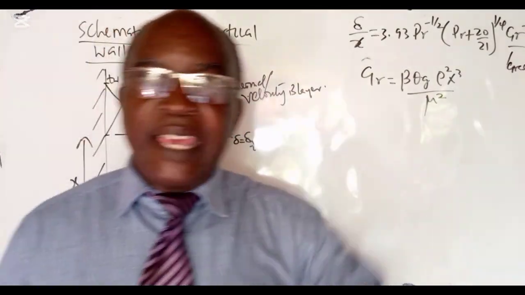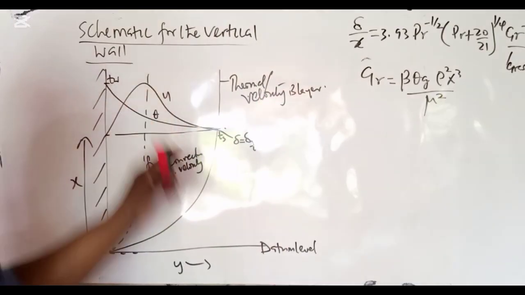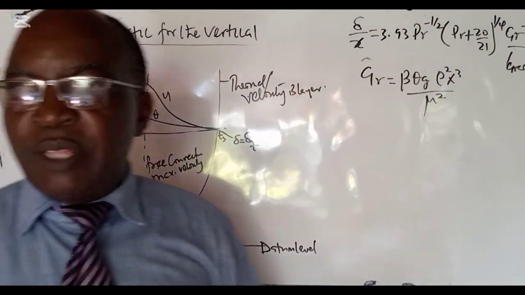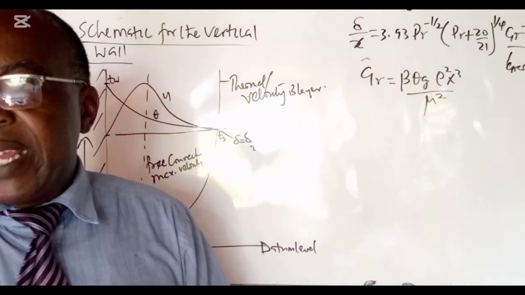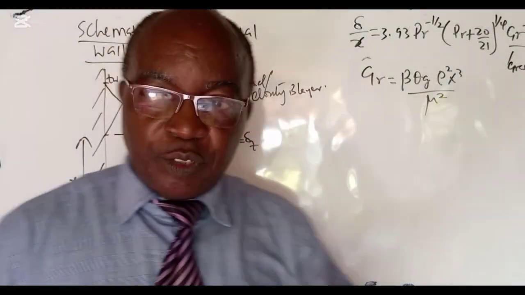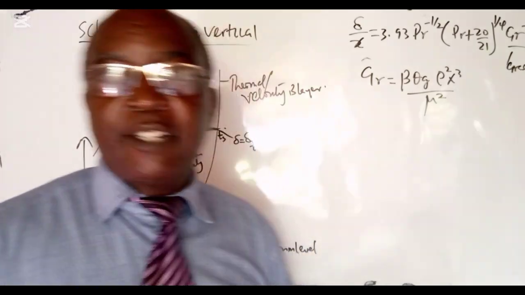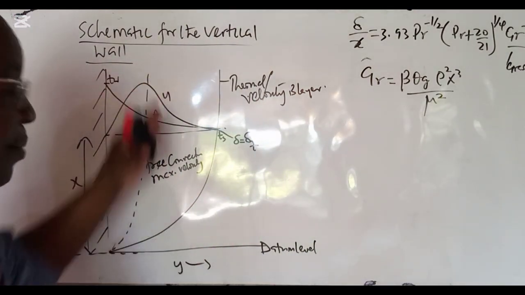Now we want to derive the heat transfer equations involving the vertical wall. Now remember, next to the vertical wall, we are talking about laminar flow. We are not talking about forced convection, which we have looked at in our previous discussion. We are looking at laminar flow.